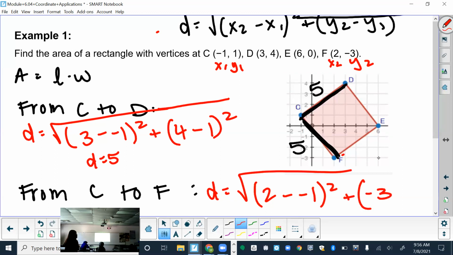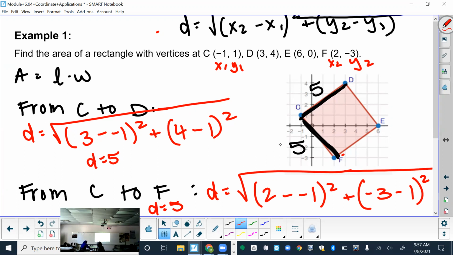Y2 is -3 minus y1, which is 1. So it should have looked something like that. But no matter which one you made x2, y2, which one you made x1, y1, if you did it right, you would have gotten 5 for that. Make sense?